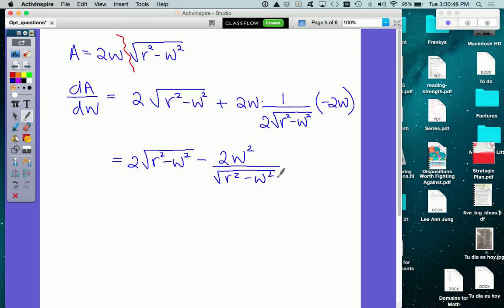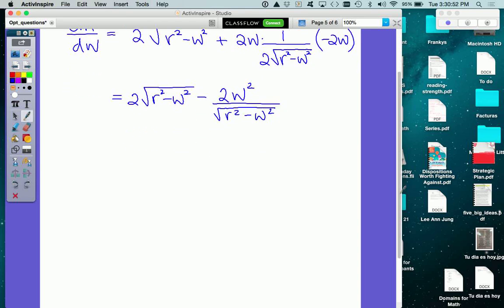I believe that's right. Now I need to look for my critical values of this. So I want to know, where is this derivative going to fail to exist? And where is this derivative going to equal 0? I'm going to start with where this cannot exist. The only way that I could have this not existing is if either w is bigger than r, which is impossible because that's not in the domain, or if w equals r, that would make this denominator 0.